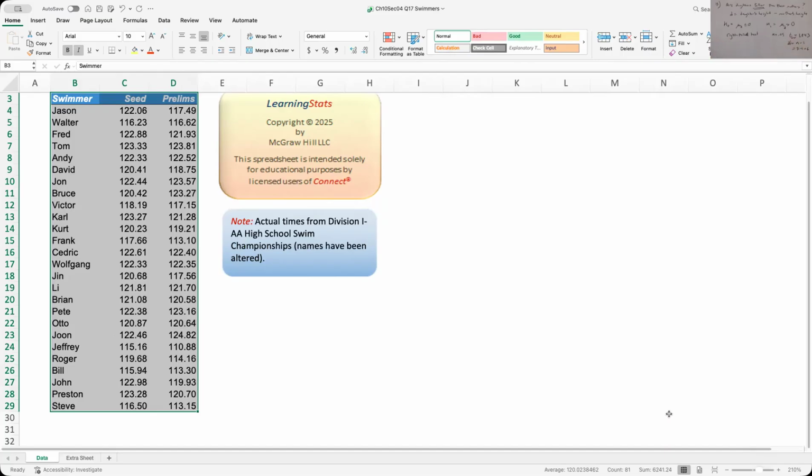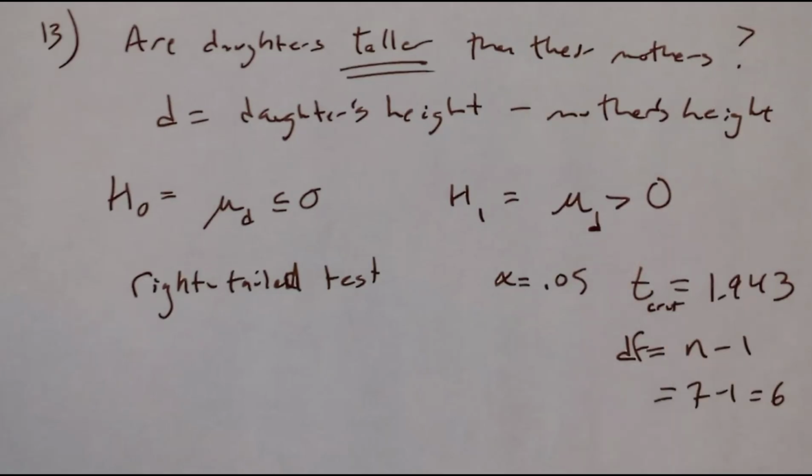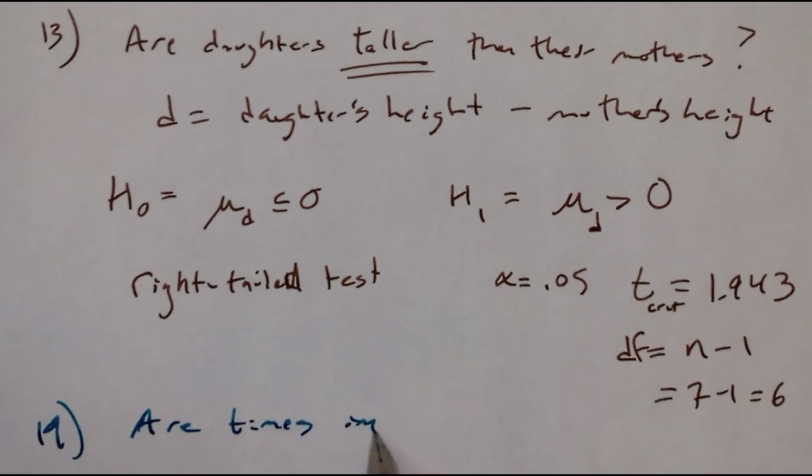Just as back here, I wrote a null hypothesis, but it's centered on 0. This time, with my swim times, are they improved by ½ second?